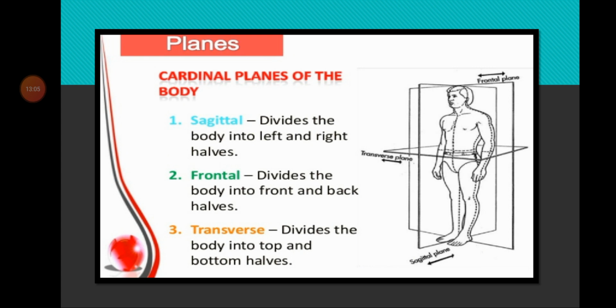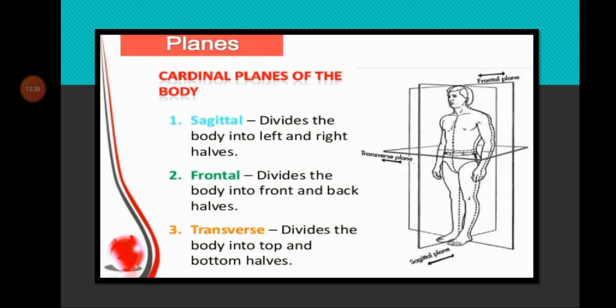The next one, cardinal planes of the body. You can see there are three: sagittal, frontal and transverse. Sagittal plane divides the body into left and right halves. Frontal divides the body into front and back halves.